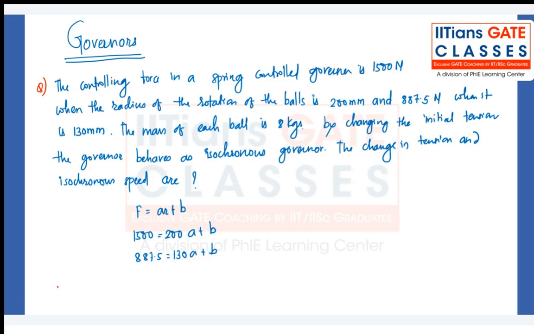Subtract, and B will get cancelled and you will get the value of A. So 200 minus 130 is 70A, and this is 1500 minus 887.5, which is 612.5. So this implies A will be 87.5.